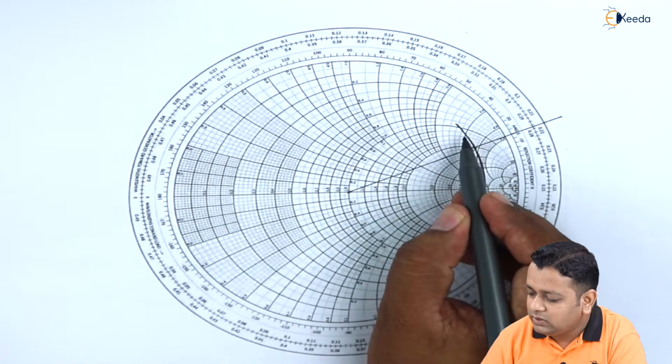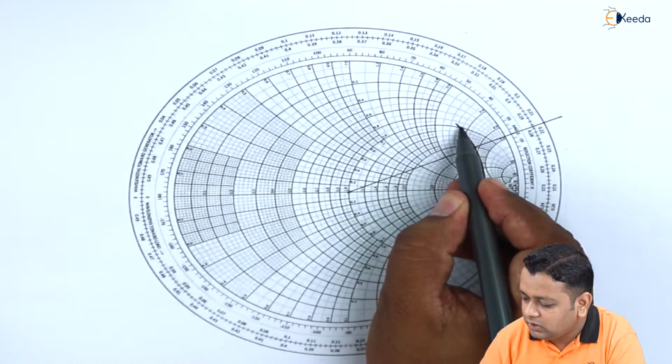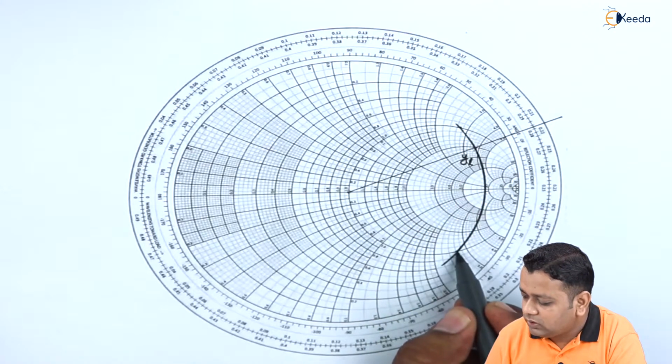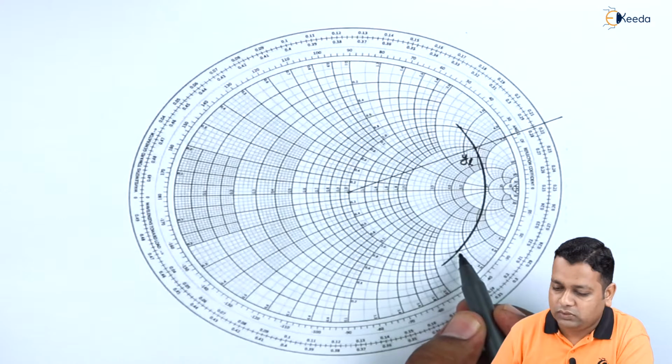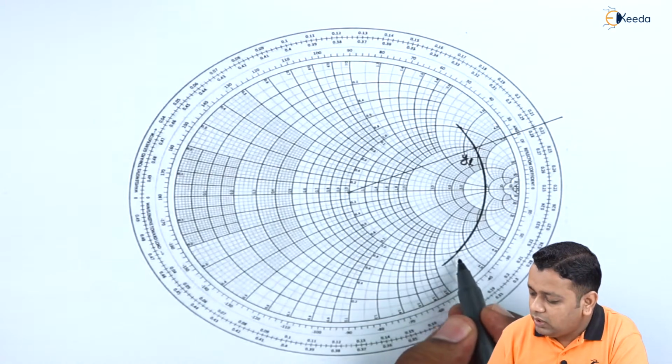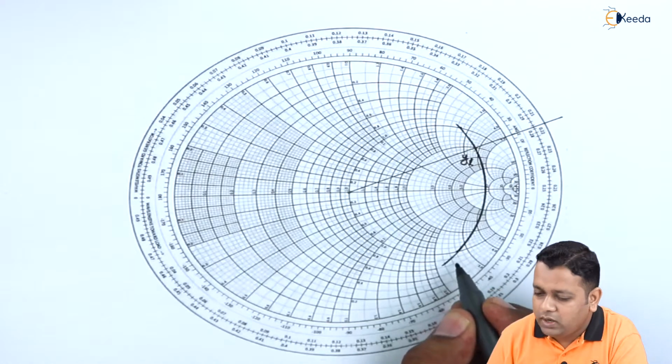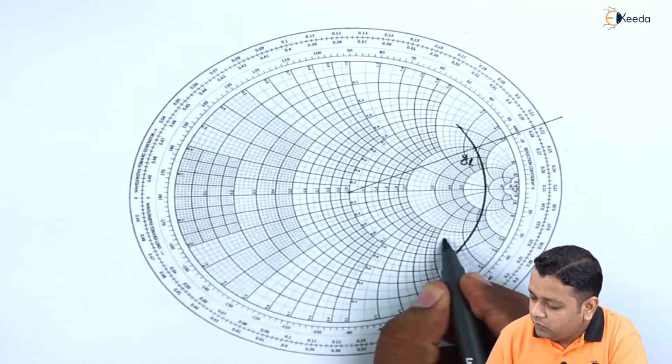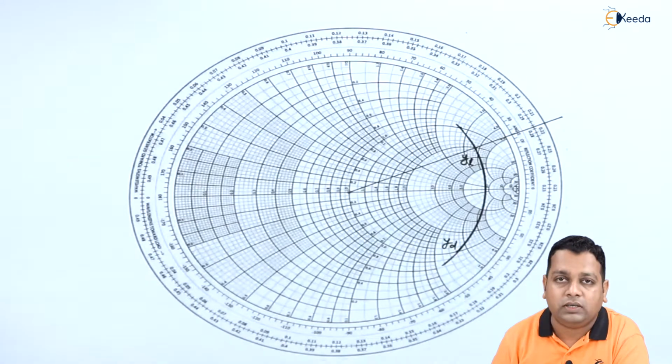The unity resistance circle has one intersection on the positive side and one intersection on the negative side here. So here we can say this point is nothing but Y suffix d.